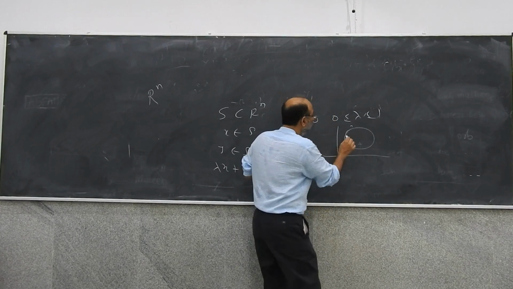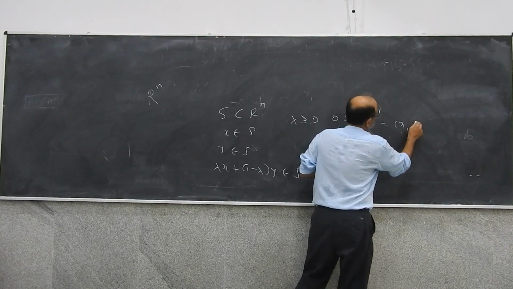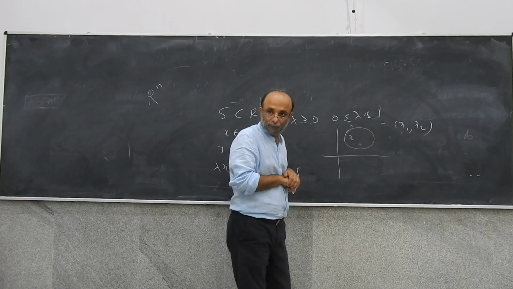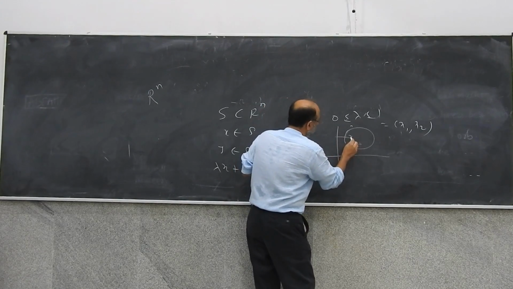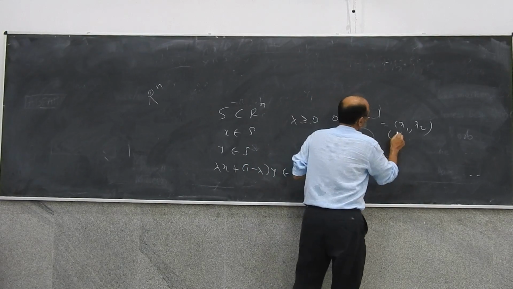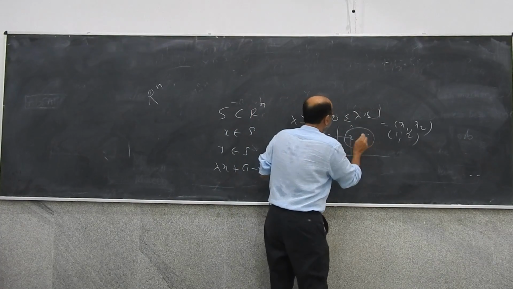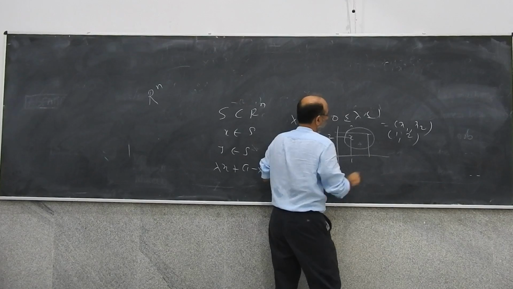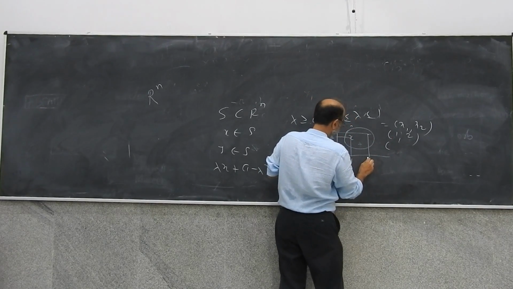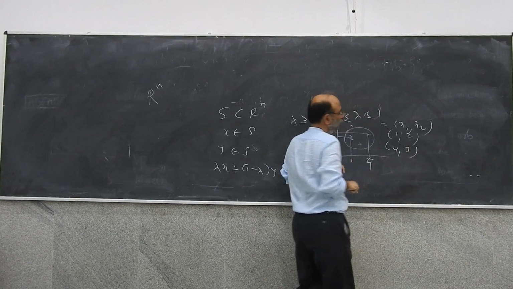Think of some point X here, which is (x1, x2). Let this point be, say, (1, 2). Think of some point Y here, which is say (3, 4).